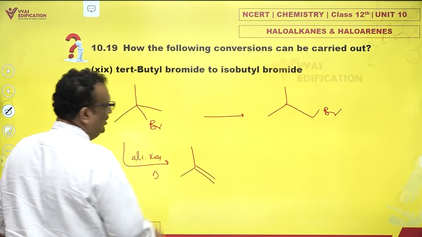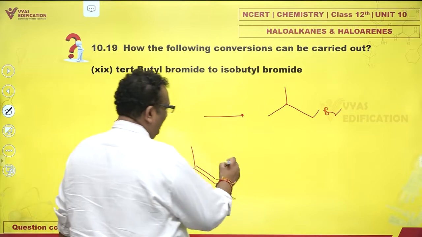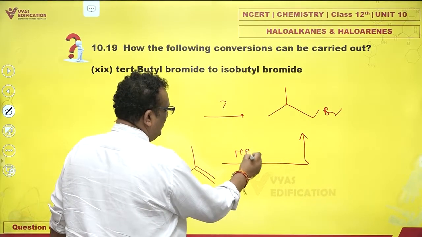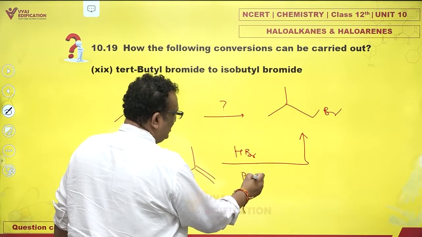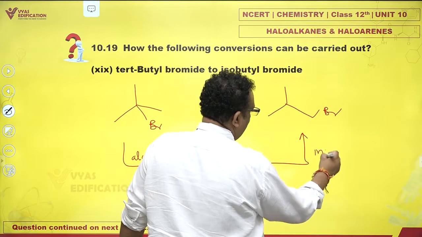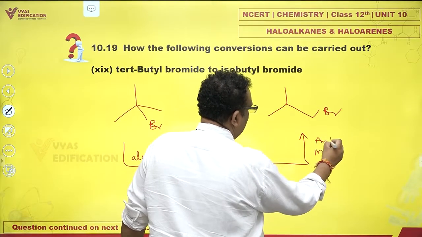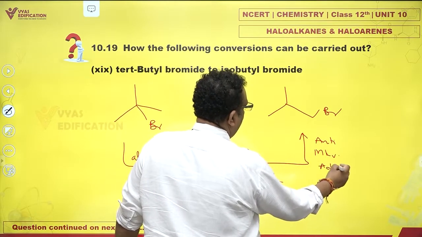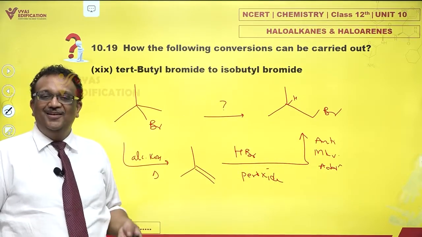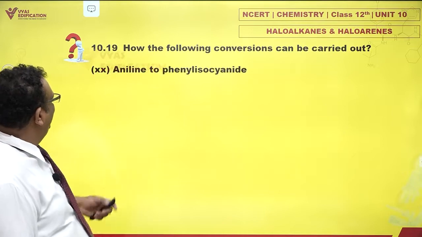You get isobutylene. And then, come on, tell me this. Add HBr, anti-Markovnikov addition, in presence of any peroxide like benzoyl peroxide. HBr addition like this, and you get isobutyl bromide.